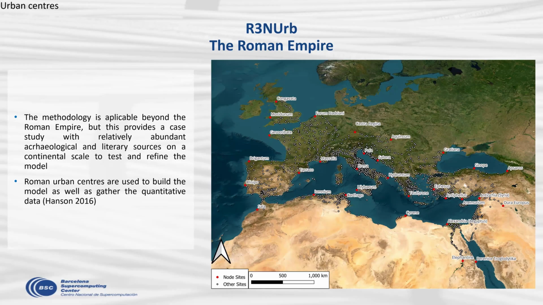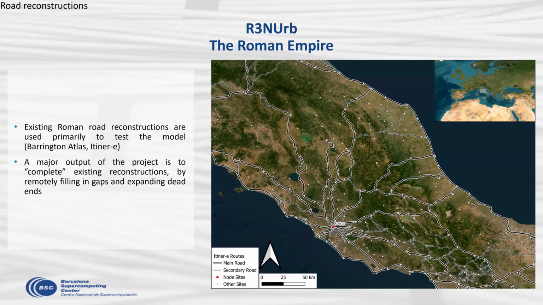And yeah, today especially we'll be talking about urbanism, using this database of urban centers. We use these node sites to construct the model, but mostly we're using the urban centers to get the data and understand what the model's actually showing us, which again I'll explain in more detail. But we also have routes that have been reconstructed using archaeological data for the Roman Empire.